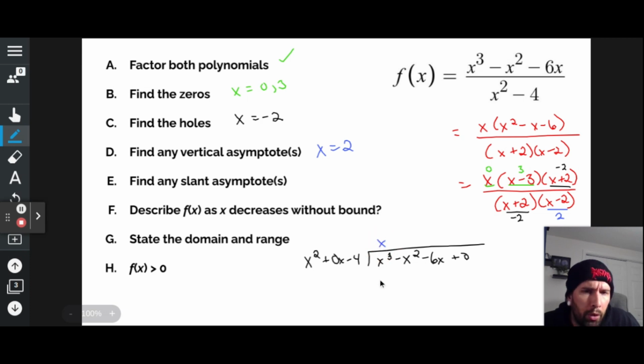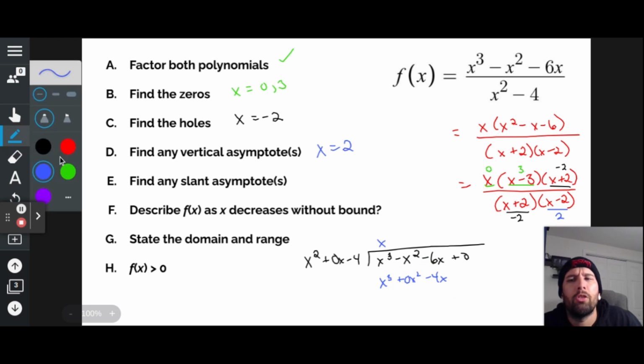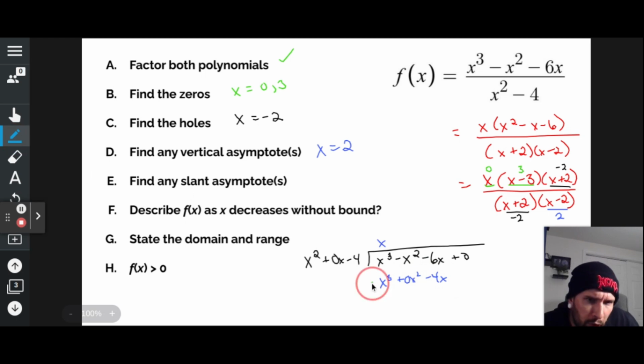Multiply x to this whole thing gives us x cubed plus 0x squared minus 4x. Subtract this entire line, which means you flip the signs for everything. And so you go away, you become -x squared. You become -2x, and drop down the +0.